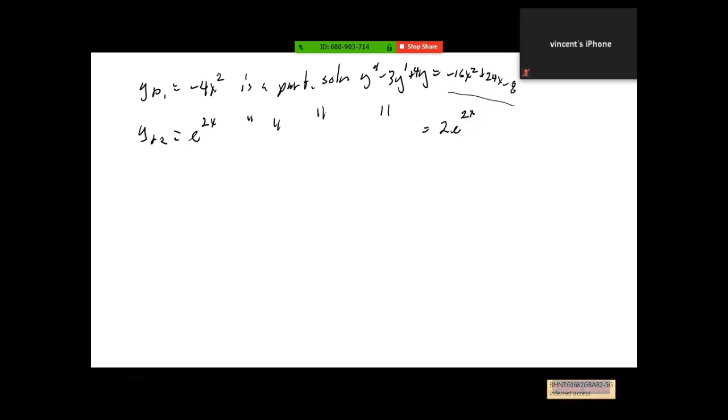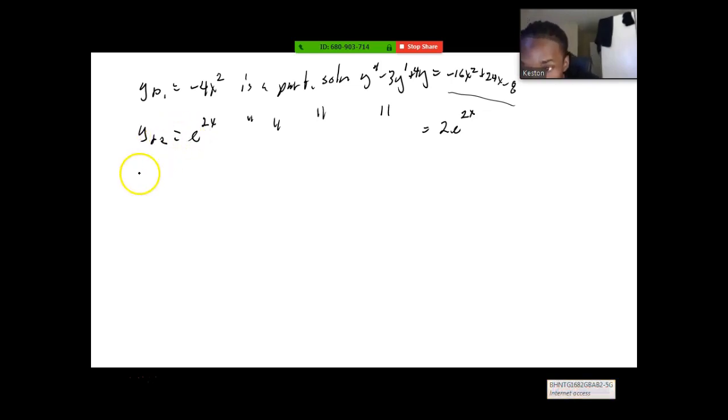Now that looks a lot more reasonable in some sense, but that's a distinct function of x. Okay, a distinct g function of x. Those look pretty reasonable. But guess what?